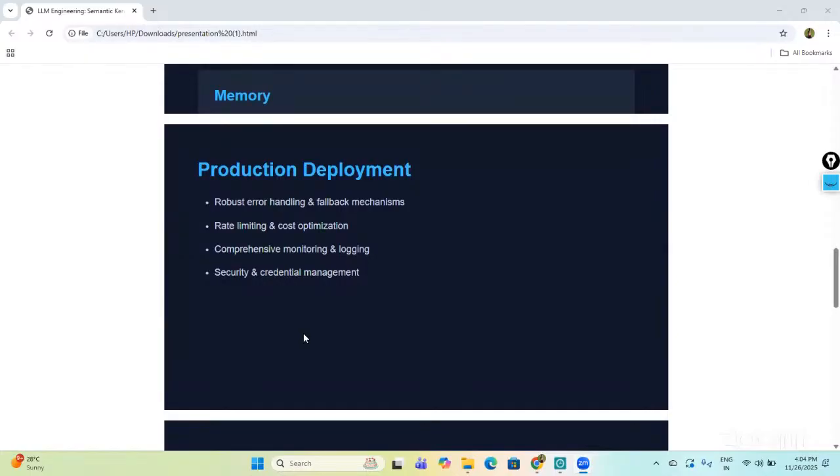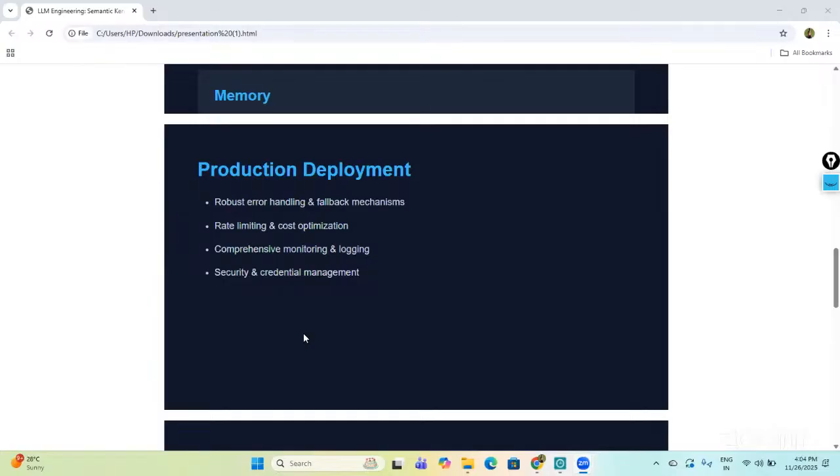Now, we shall move on to production deployment. Deploying large language models into production is not just about functionality, it's also about reliability. Semantic Kernel supports critical production features such as robust error handling and fallback strategies, and rate limiting for cost control and performance stability.